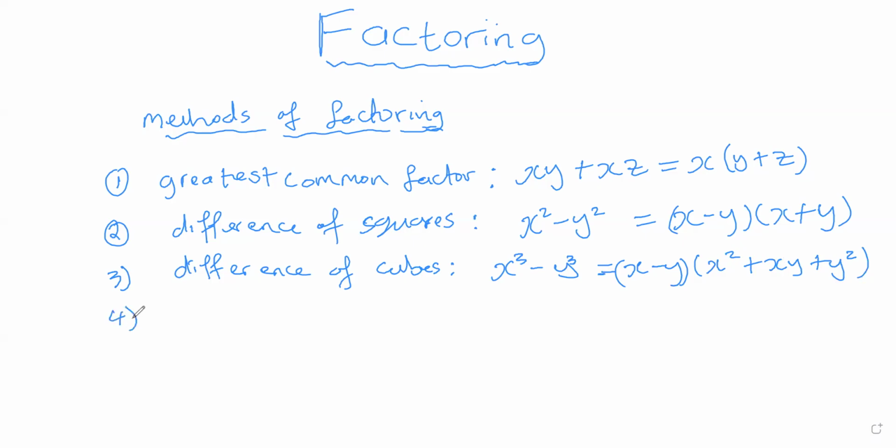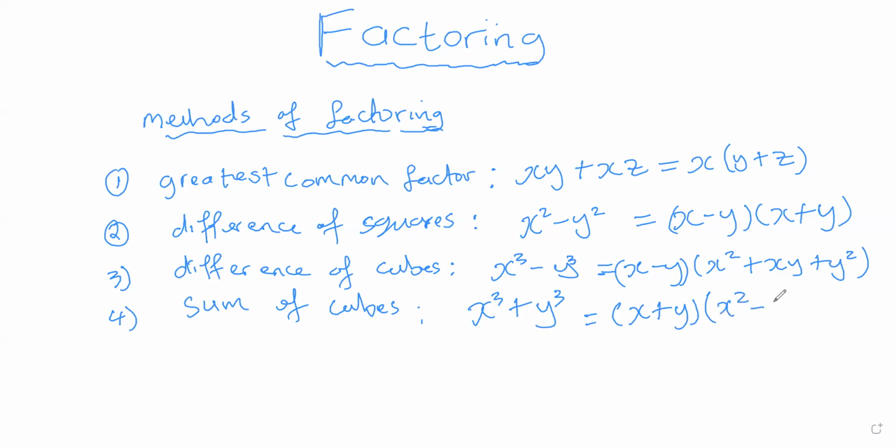Then the fourth one, we have the sum of cubes, which says given the sum of any 2 cubes, you can also factorize that. It's going to be x plus y times x squared minus xy plus y squared.